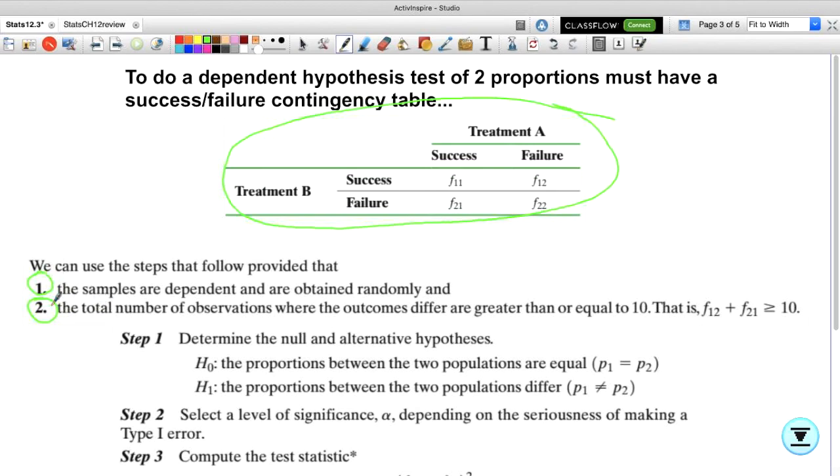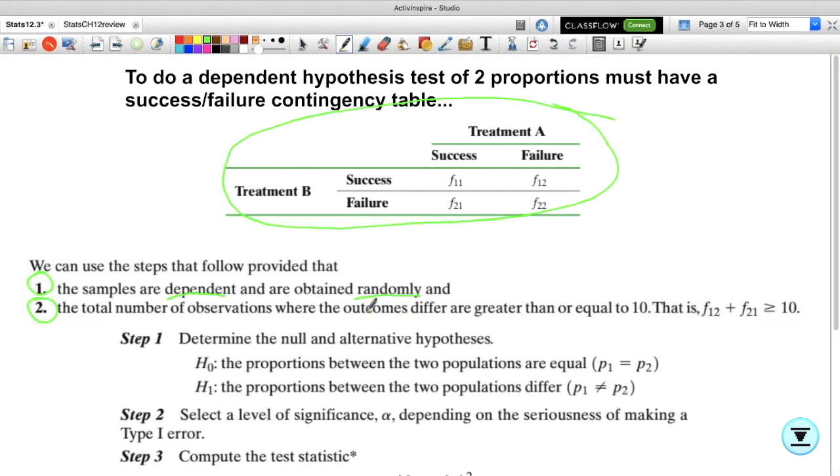We're going to check these two items first. First things first, are they dependent and are they obtained randomly? Normally we would check independent and random, but here we need to double check that they are dependent and random, which makes sense. Then, also a little different, you need to take your total of observations where the outcomes differ and add them up to see if their sum is greater than or equal to 10.